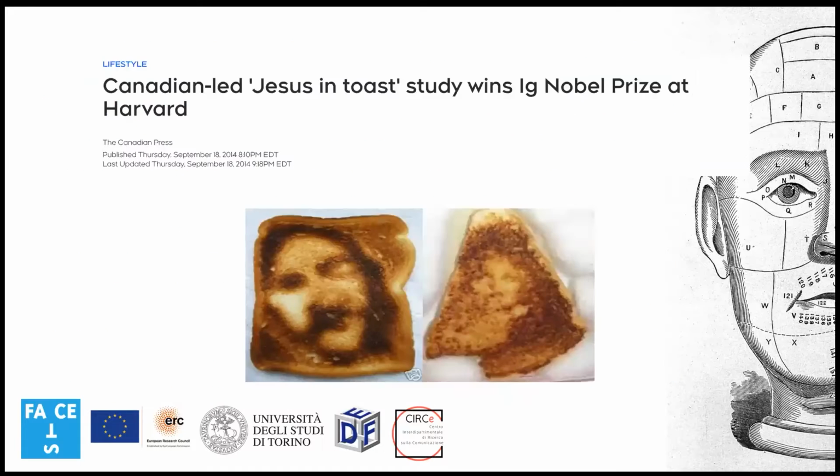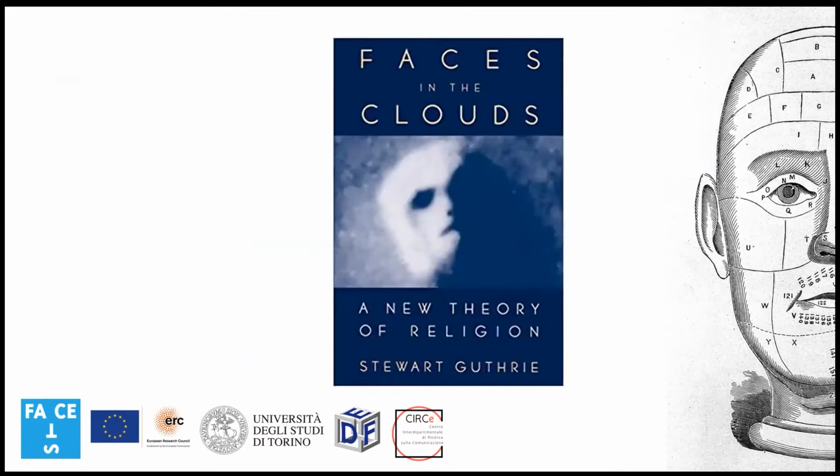So I would like to combine this knowledge with another trend in the history of religion, which has been religious sciences, which has been inaugurated by this book by Stewart Guthrie called Faces in the Clouds: A New Theory of Religion. The theory is that maybe some religious cultures originally were generated by a pareidolic phenomenon.